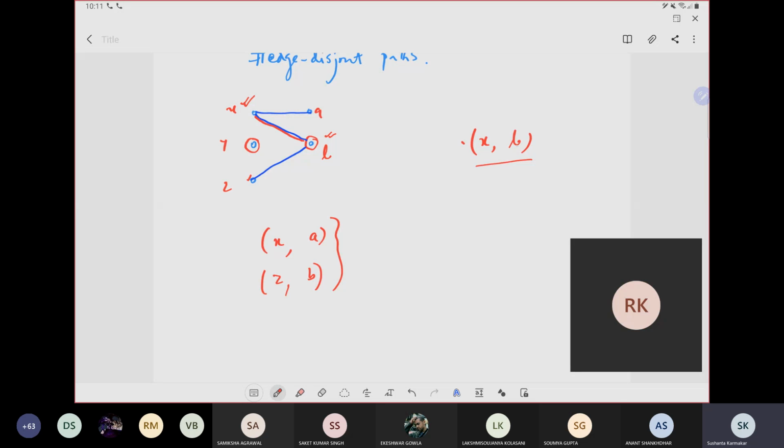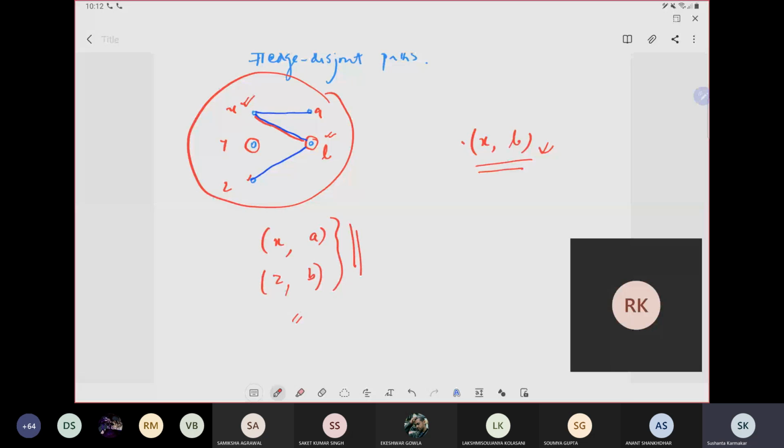So if this is the graph that is given, this is one matching possible, this is another matching possible. But if you start with this matching, you cannot increase your match any further. If you do it intelligently, you can find a matching of size 2.